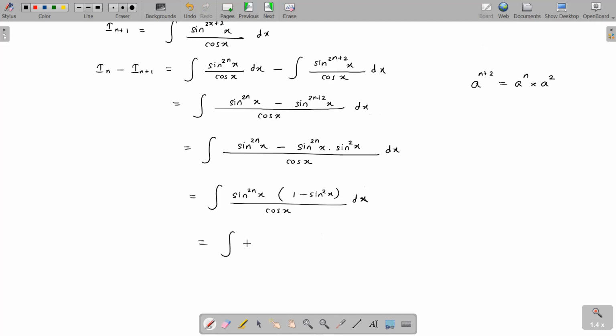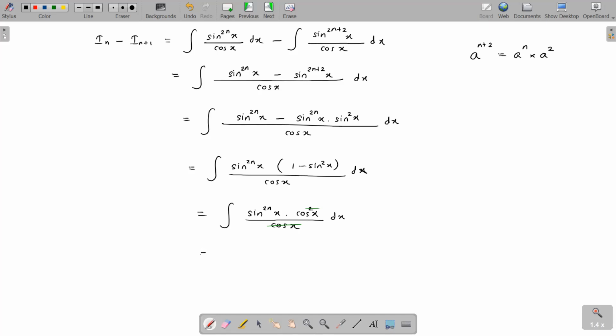I end up getting the integral of sine to the power 2n x times cos square x divided by cos x. Yeah, sorry, this is cos square x. So one cos x cancels with one cos x. So cos x times sine to the power 2n x.